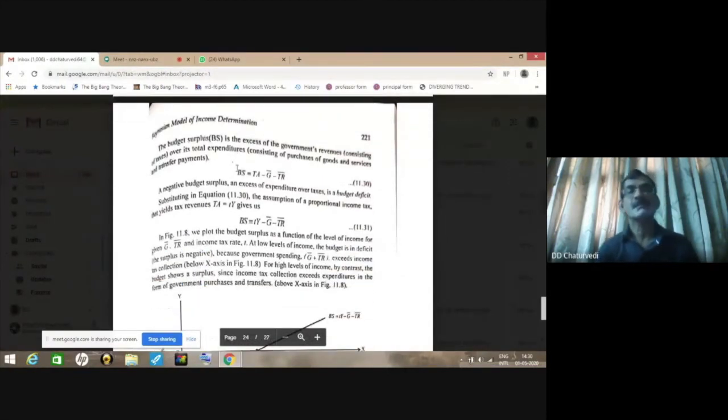On the next page, we give the equation of the budget surplus. This is equation number 11.30, wherein budget surplus is given as the difference of taxes, TA, and government expenditure and transfers on the other hand. So budget surplus is equal to TA minus G bar minus TR bar.